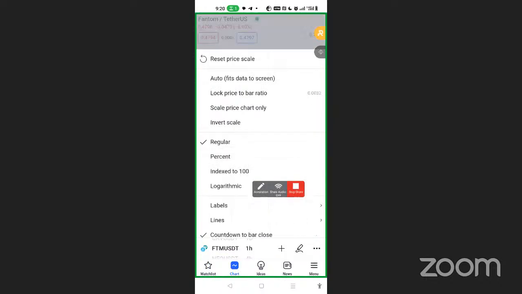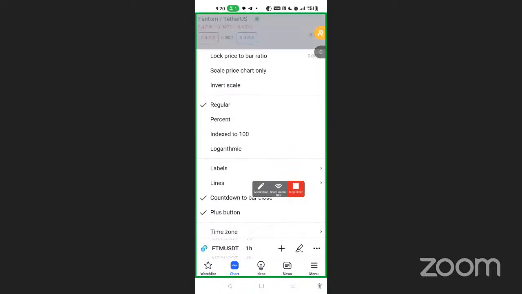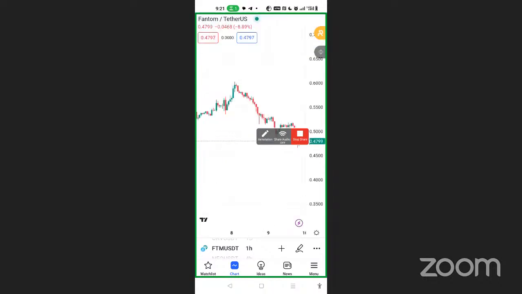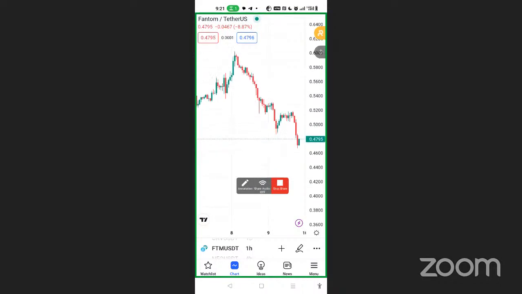Tap on it, then make sure you have ticked this regular thing and this area called countdown bar to close. So you make sure you have ticked countdown bar to close, right? And you'll find that after I've ticked it, now I've removed it.